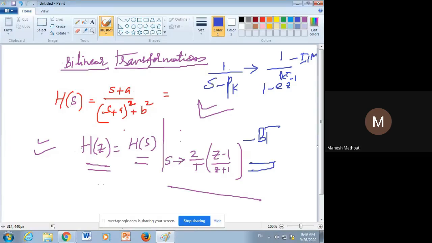Yes, sir. Okay. Now can I move to the further topic? Let us write one more topic which is there in this syllabus. Just write the topic as today's analog low pass filter design.